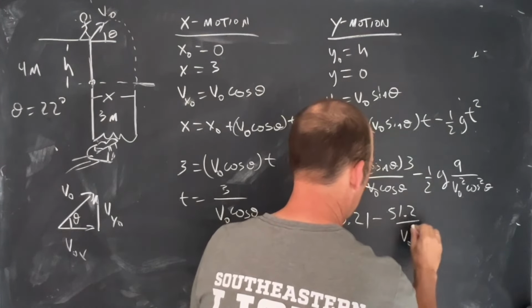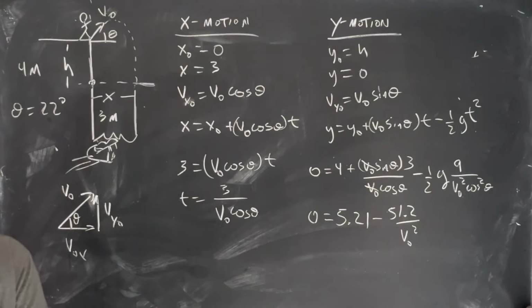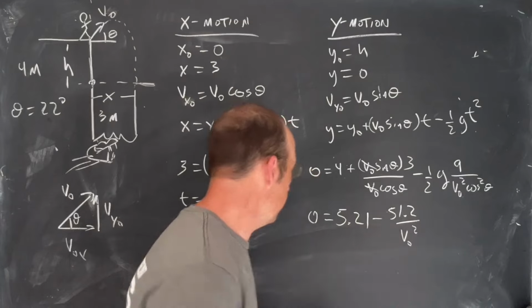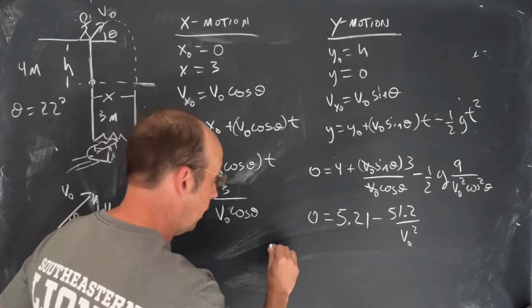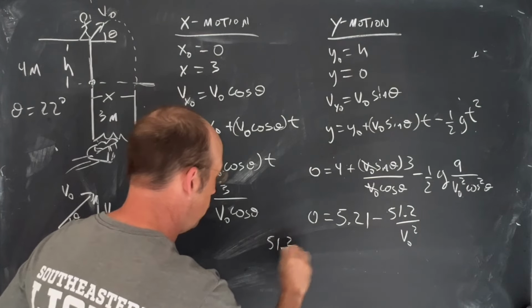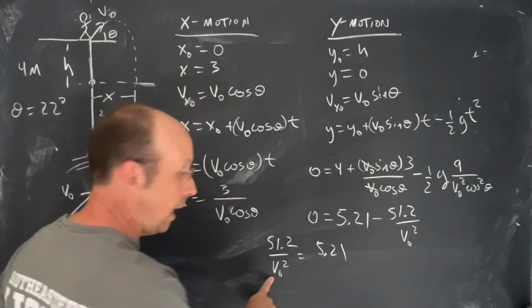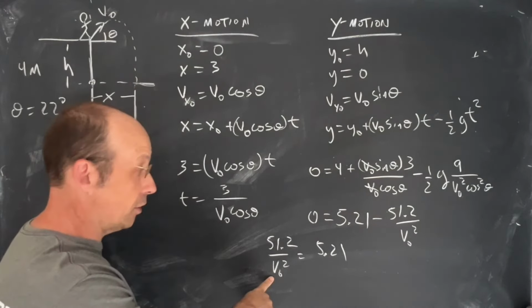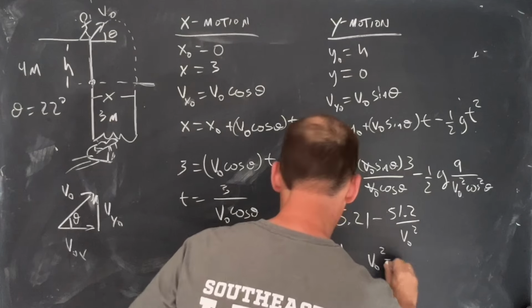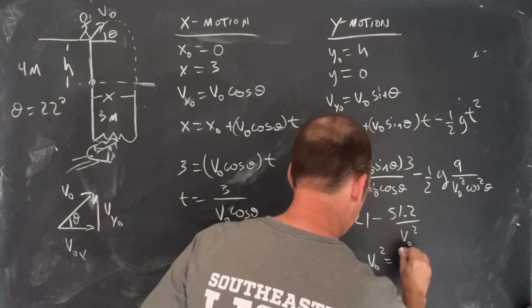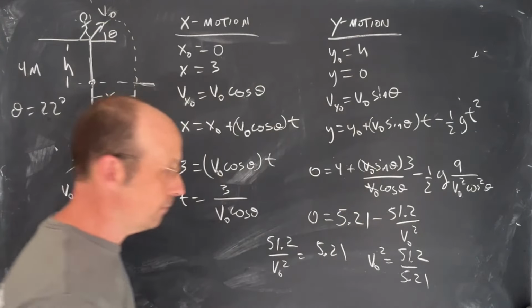Now we have a pretty easy equation, right? I can solve this equation. So I'm going to add this term to both sides. Am I running out of room? I can do it right here. So I get 51.2 over v0 squared equals 5.21. Now I'm going to multiply both sides by v0 squared, and divide both sides by 5.21. I get v0 squared equals 51.2 over 5.21.